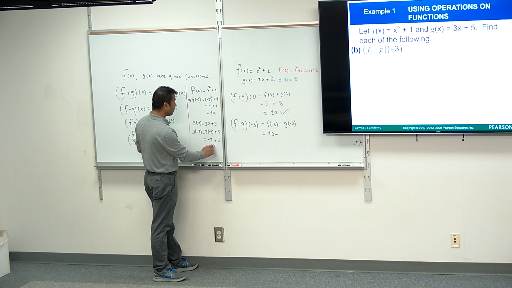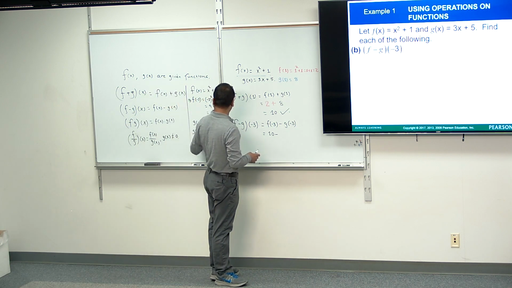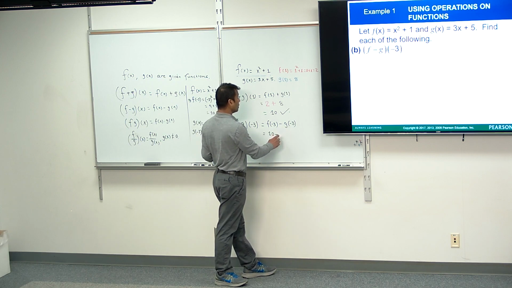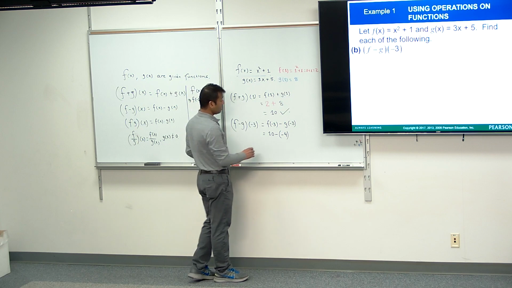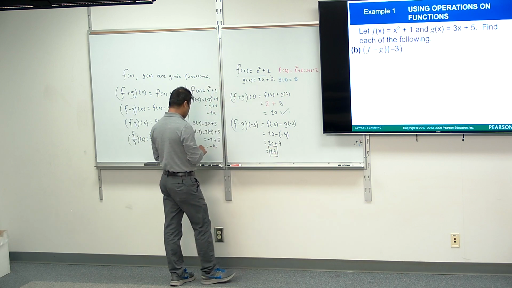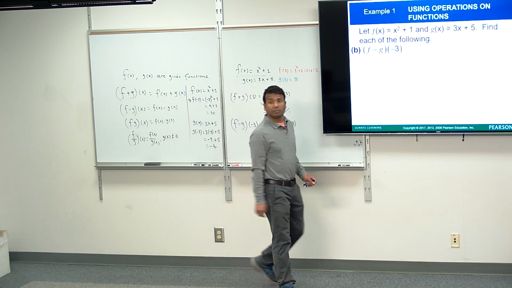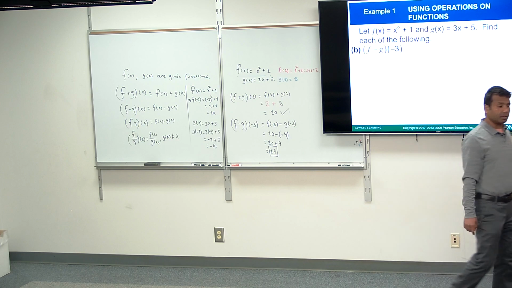So what is negative 9 plus 5? Negative 4. So g of negative 3 is negative 4. So you plug in negative 4 here, right? So now this is 10, negative times negative is positive 4, which is 14. So (f minus g) of negative 3 is 14. Did you get it? Good.